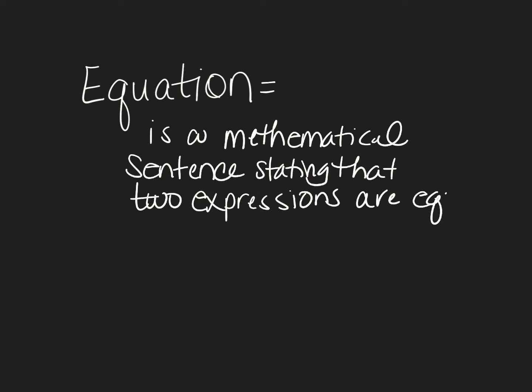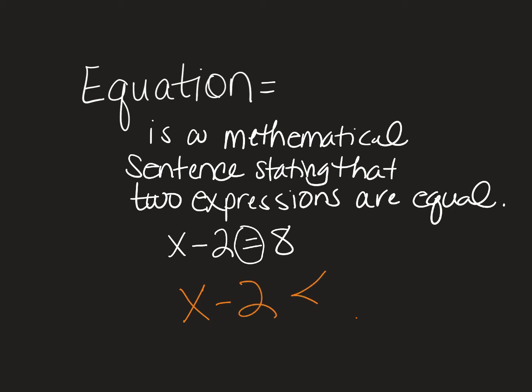Okay, what that means is it's saying that if you have x minus 2 equals 8, this becomes an equation when you have this sign right here, when you have an equal sign. If you remember, if I told you that if you had x minus 2, that is simply an expression because it doesn't have an equal sign, okay?